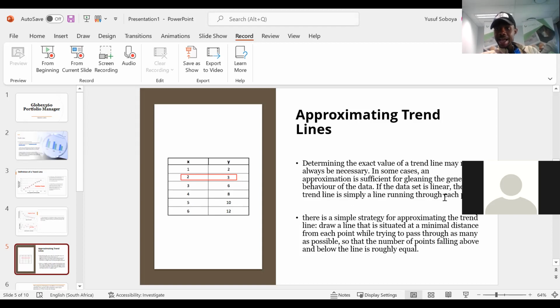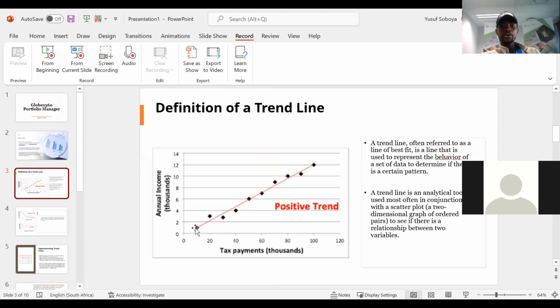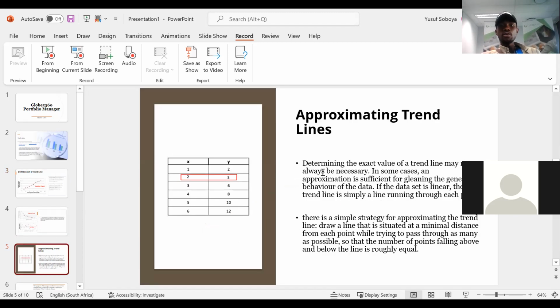If the data set is linear, the trend line is simply a line running through each point. So as you've seen, on this point, it's simply running from this point to another point, then back to this point, to the upper point, like that. Once you identify the trend, it doesn't just shift from the trend that you are following until it shows you a certain signal to say that this is the end of the trend and now it's forming a different trend.